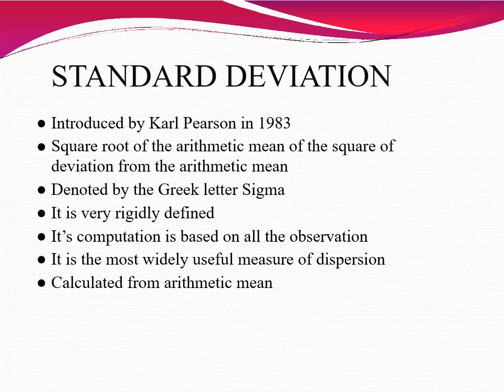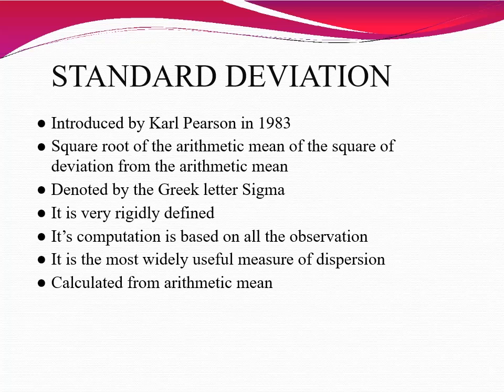Standard deviation is denoted by the Greek letter sigma. It is very rigidly defined, it is computed on all the observations of the series given, and it is a widely useful measure of distribution.